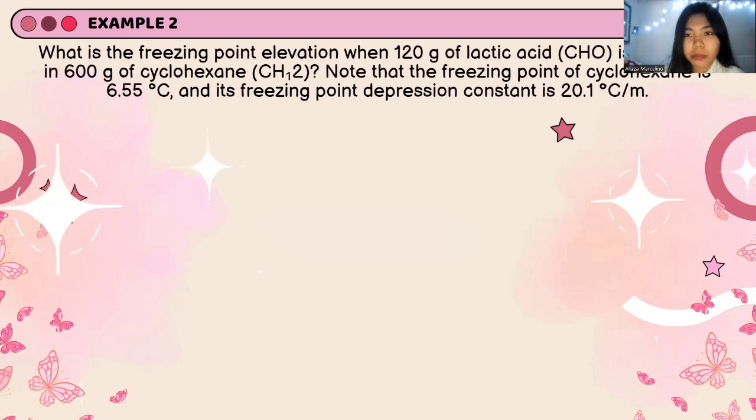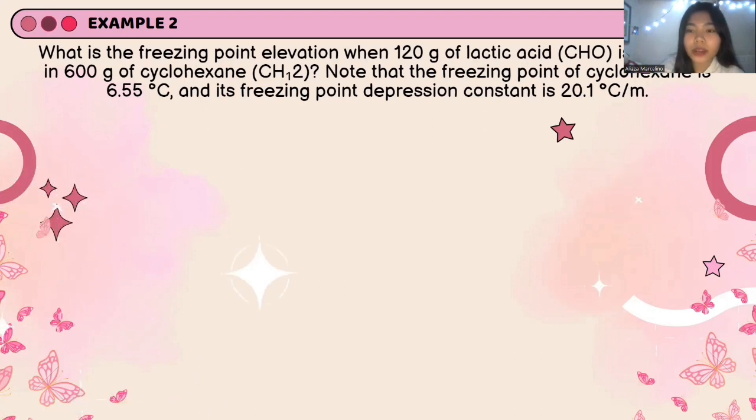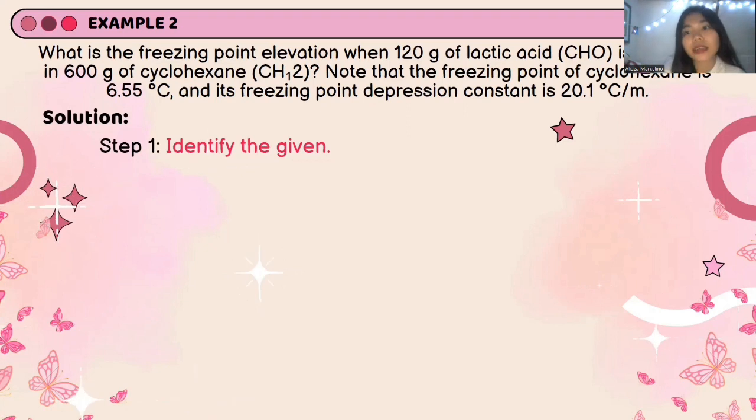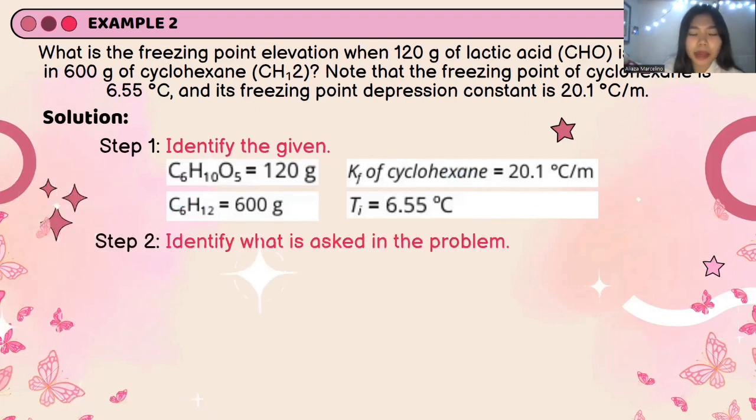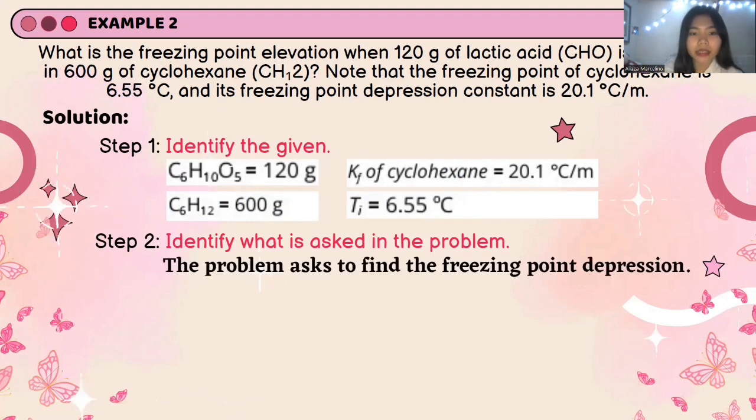Note that the freezing point of cyclohexane is 6.55 degrees Celsius and its freezing point depression constant is 20.1 degrees Celsius over m. Let's identify the given. The given are these four. And step 2, let's identify what is asked in the problem. The problem asks to find the freezing point depression.